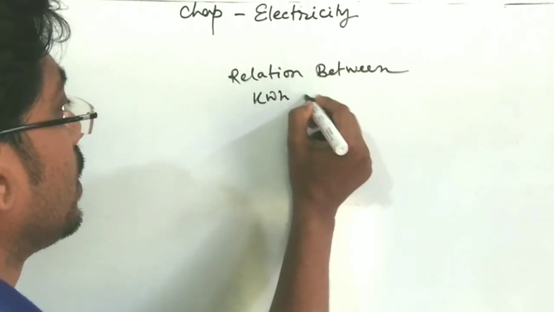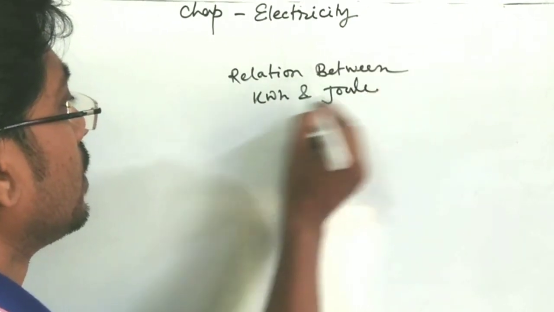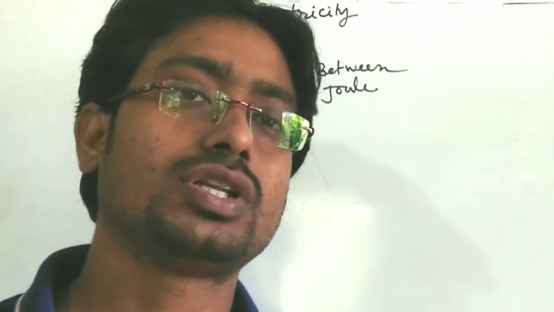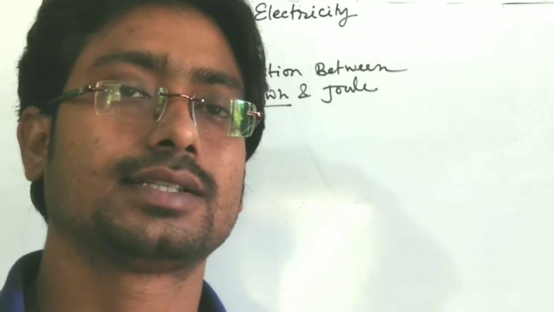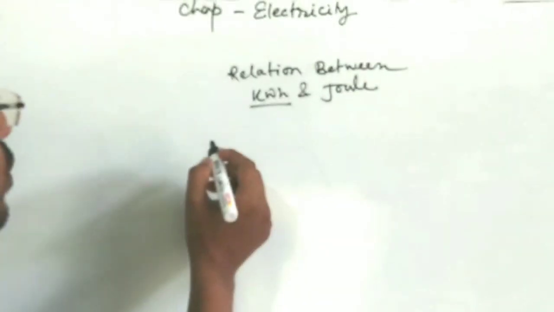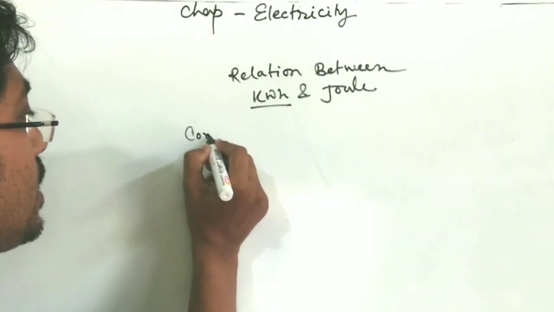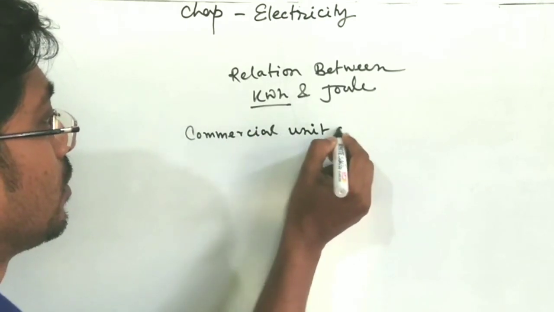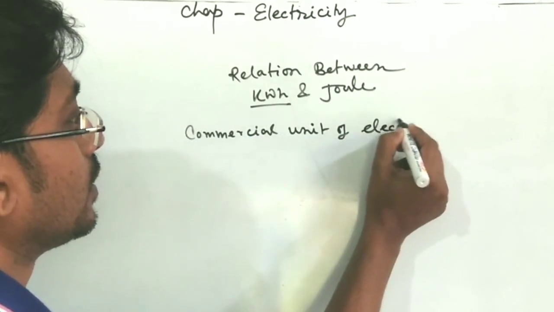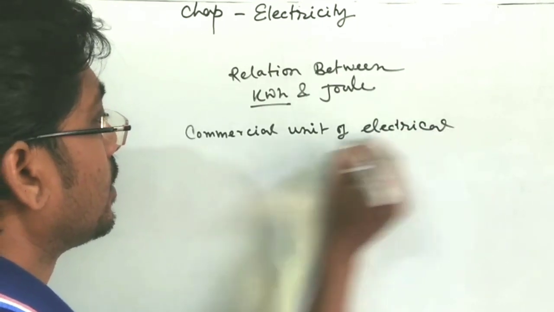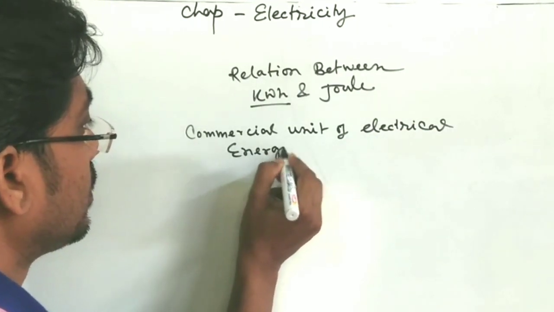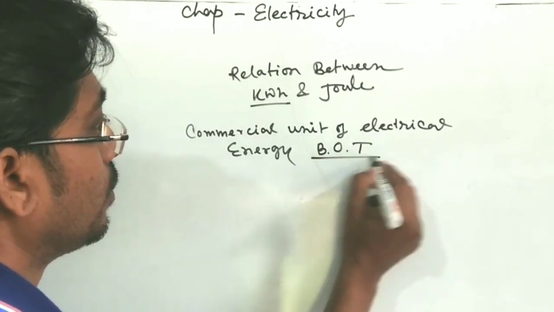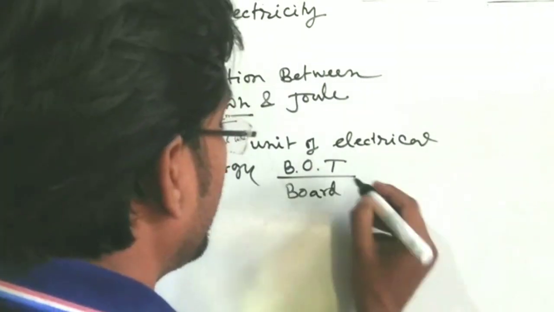Only left the relation between kilowatt hour and joule. Actually, this kilowatt hour, the board of trade unit, is the commercial unit of electrical energy, that is BOT, board of trade unit.